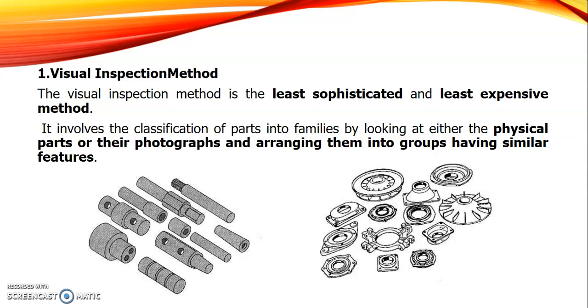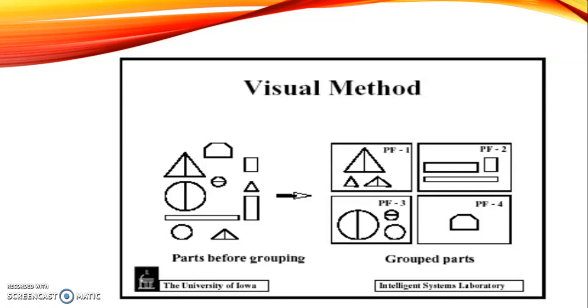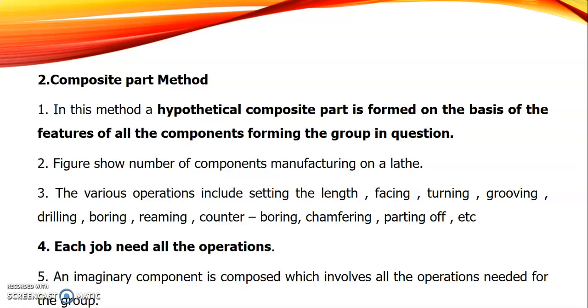So we are identifying the parts. This is called the visual inspection method. For example, they are categorized into four families based on physical appearance.